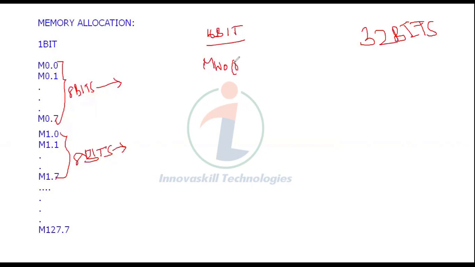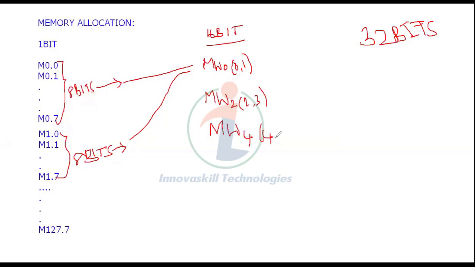Automatically, it will take channel number 0 as well as channel number 1. If you want another 16-bit, the address should be MW2, which will automatically take 2 and 3. The next address should be MW4, which will take 4 and 5. Like this, the address should be given for 16-bit.